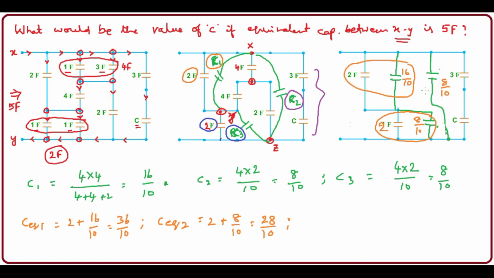That's all. You can easily say that this combination and this combination are in series, because this is connected with these 2 points only. If I take out the equivalent capacitance, I need to start with this point and end with this point. Similarly here also. It will be a series connection only.